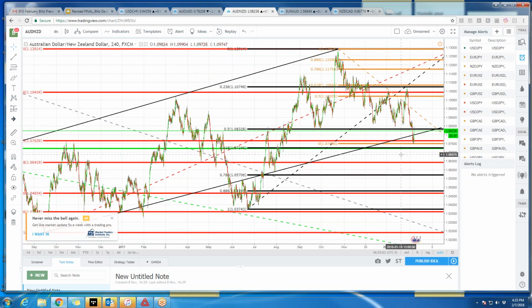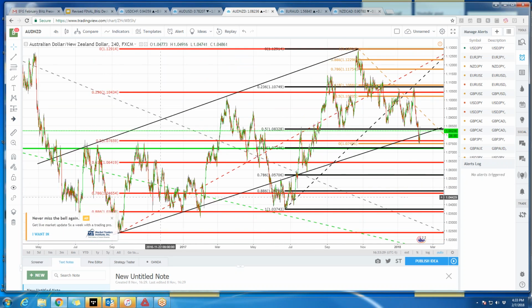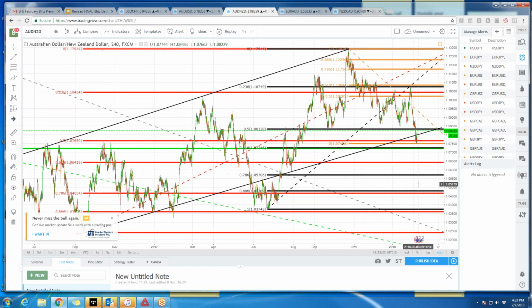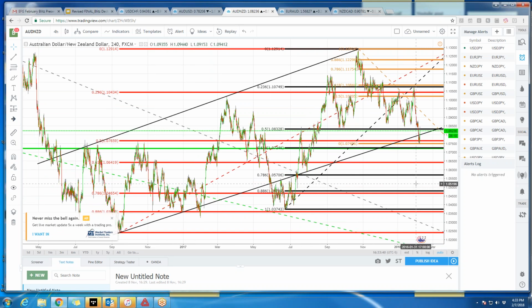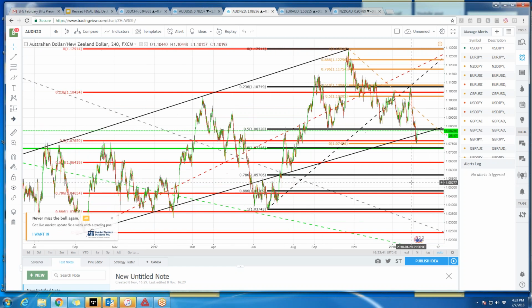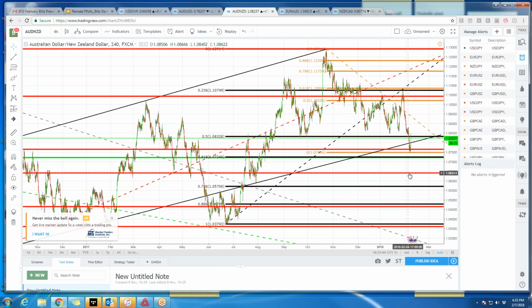All right. So if it closes below this black 61.8, I'm expecting it to come back down to here. But of course, you will have to watch it as well because this is a 61.8 Fibonacci for red.